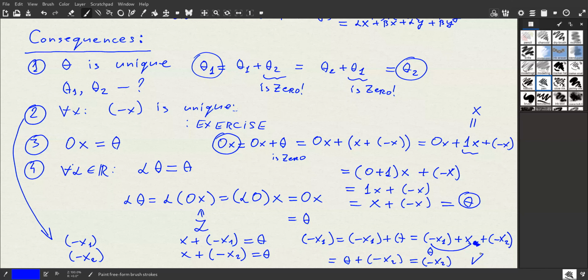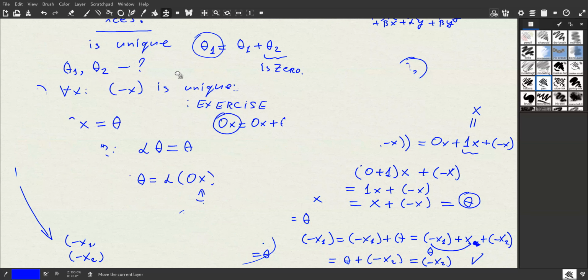Excuse me, could we just say that x plus minus x1 is equal to x plus minus x2 from the first two equations? From this, yes. You mean from these two equations? Yes, they're equal. And then we know that x minus x is equal to theta.